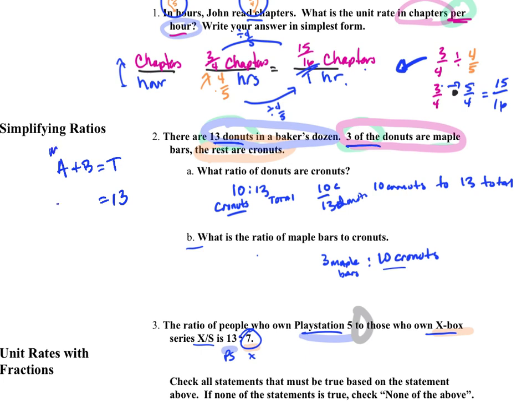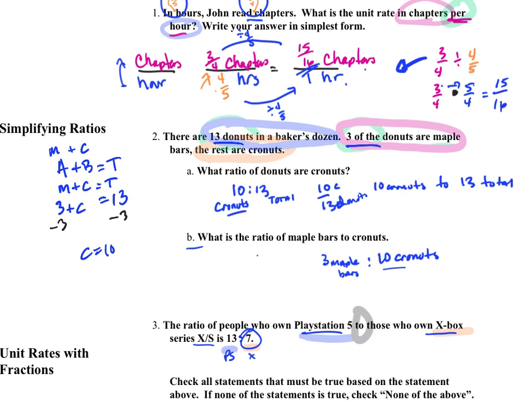We could say maples plus cronuts equals total. And we know that we have 3 maples. So we're saying 3 plus C equals 13. Now, at this point, you have to show me that you solved, but if you use solving equations, you subtract 3 from both sides, you get that C equals 10, right? So there's 10 cronuts.